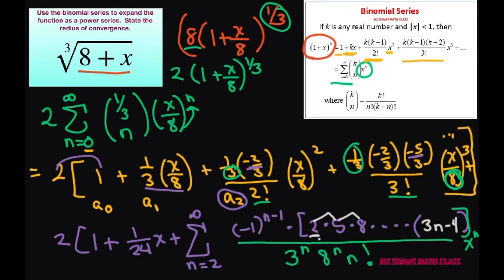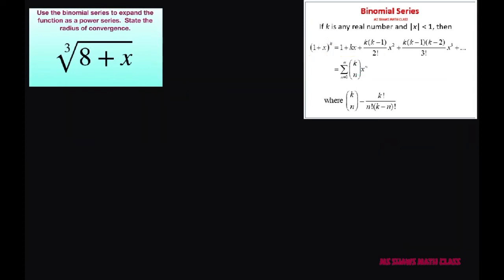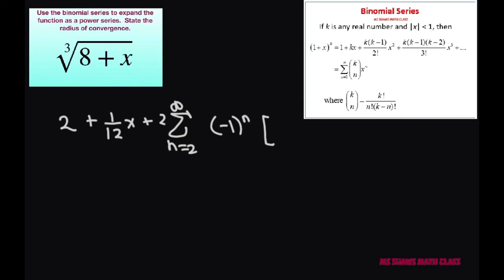Now let's go ahead and simplify this further, so you can see it better. If I multiply through by the 2, I'm going to get 2 plus 1/12 times x plus 2 times the sum n equals 2 to infinity. Basically, I'm just copying everything down that I had before, but you can see it better. 2 times 5 times dot dot dot.